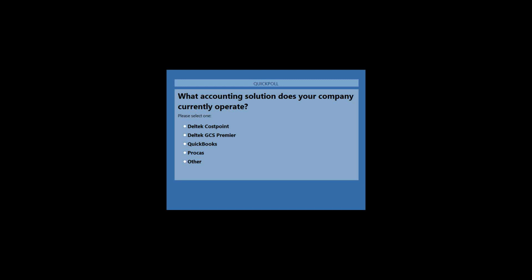QuickBooks or ProCast or others. I see a lot of others on there, which is interesting. Right now we've got about 15% CostPoint users, 30% GCS Premier users, 7% QuickBooks. We don't have any ProCast ones, and over 60% other. I'm curious what the other ones are.